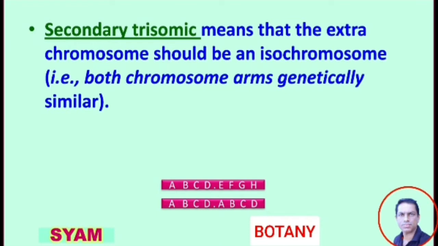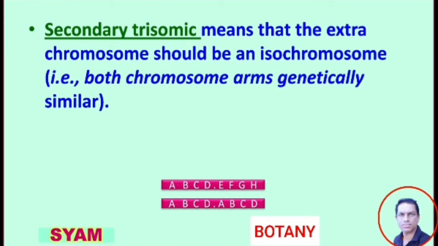And secondary trisomic means the extra chromosome is an isochromosome, i.e. both arms are genetically similar. The original chromosome contains A, B, C, D, E, F, G, H genes.